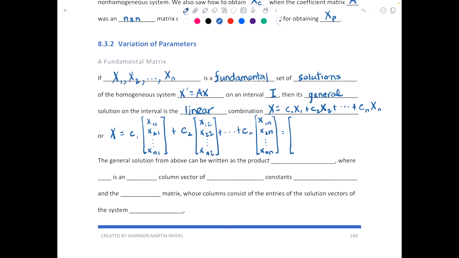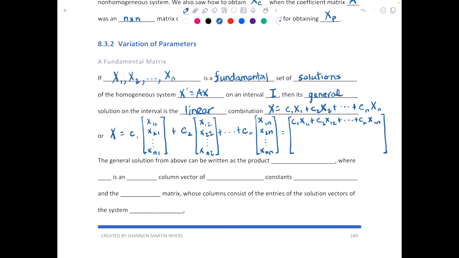So you would have your constant c1 times x11 plus c2 times x12, and you'd go all the way down to cn times x1n.